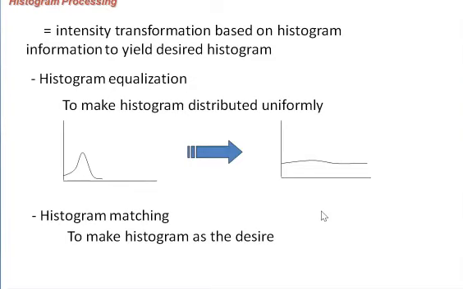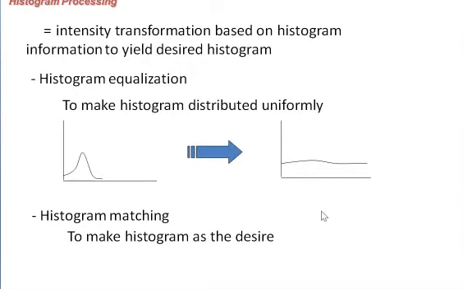But suppose you select a particular histogram, you may draw the histogram like this. That means there is no automation. According to the user's intention and specifications, the image histogram is changed.